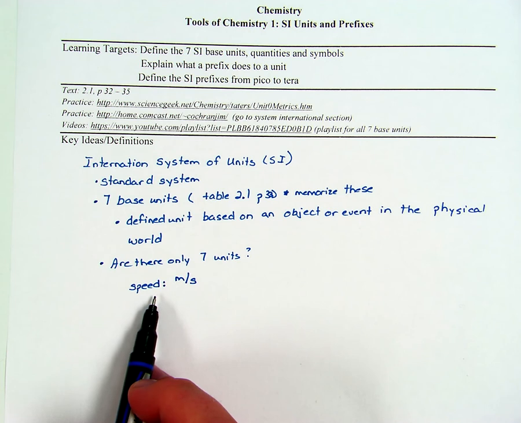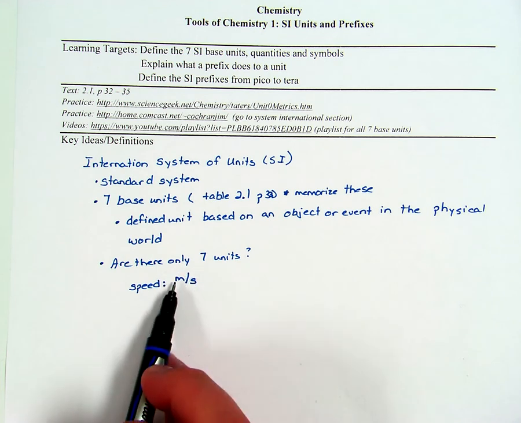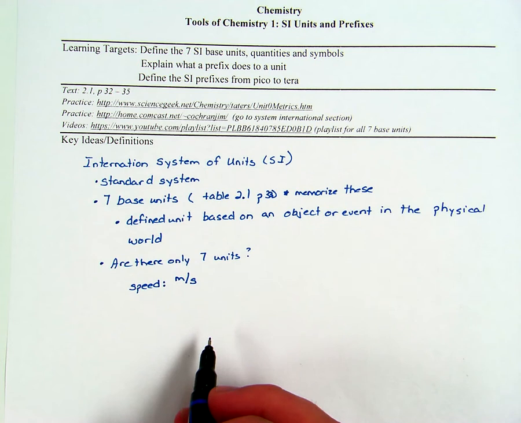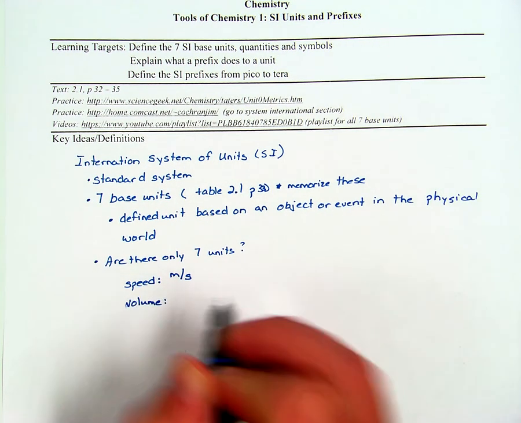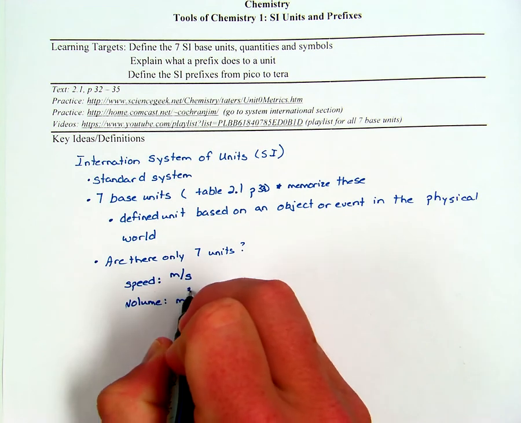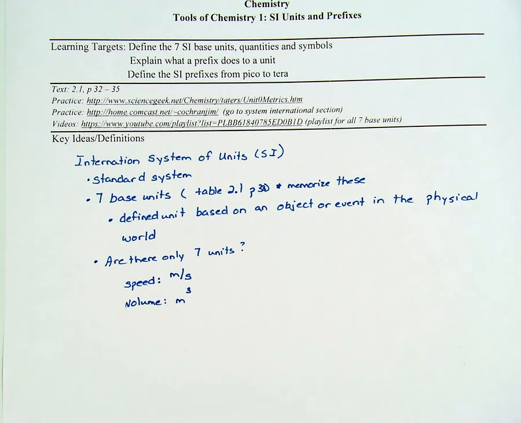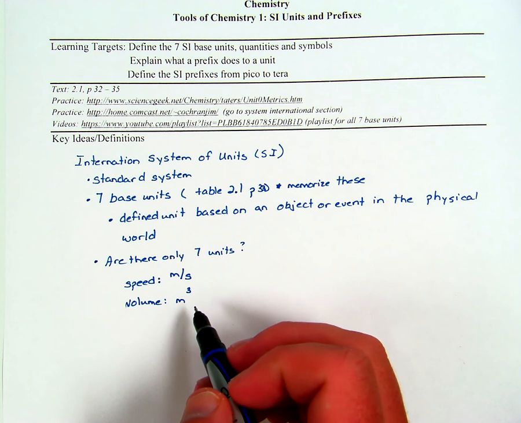Now, it's not a base unit because there is no definition for that, but the units that make it up are base units. If you wanted to measure the volume of something, in terms of base units, that would be meters cubed, because you take meters times meters times meters, 3 dimensions. Again, meters cubed is not a base unit, but it's a combination of base units. In this case, meters times meters times meters.